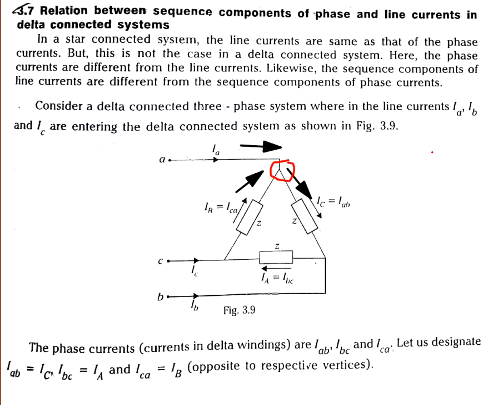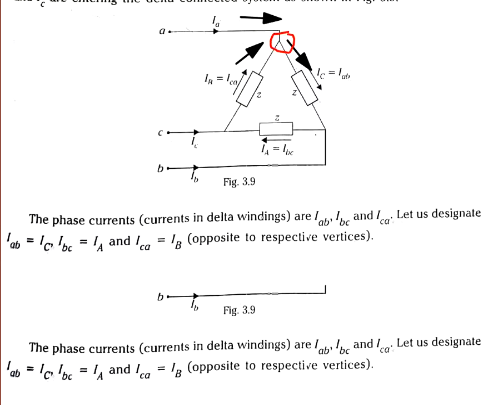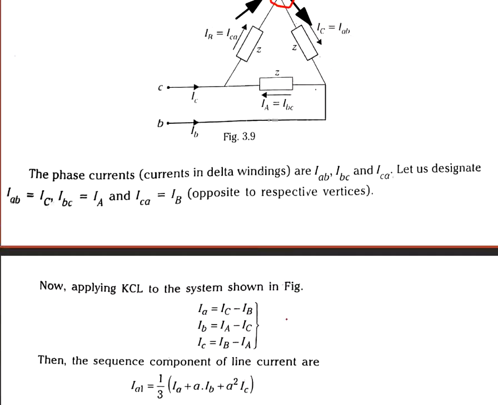Ia plus Ib equals Ic, so Ia equals Ic minus Ib, right? See here, Ia equals Ic minus Ib.